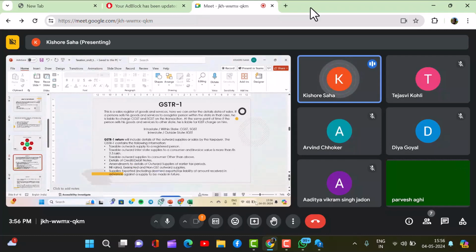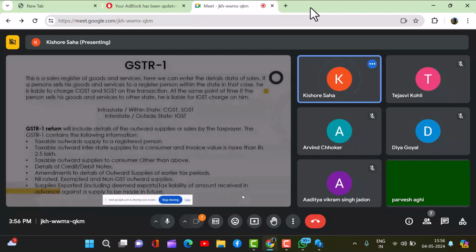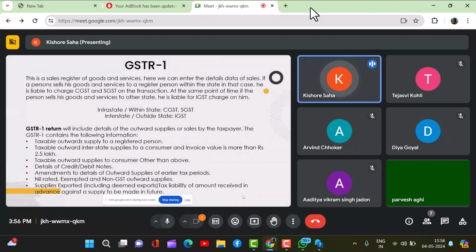So sir, now we'll talk about GSTR1. GSTR1 is basically a sales register of goods and services. Here we can enter the details of sales, basically any outward supplies that a supplier is making, and register that transaction under GSTR1.